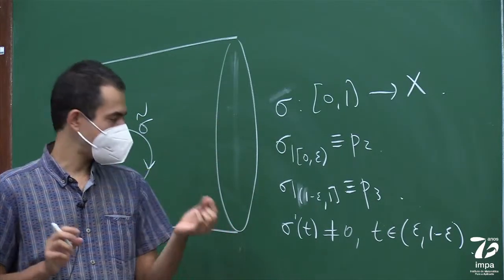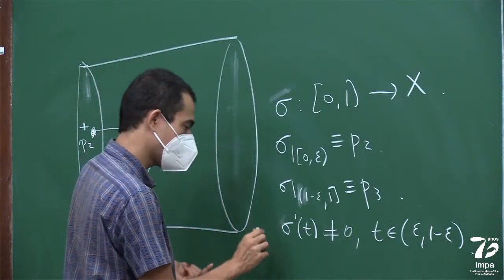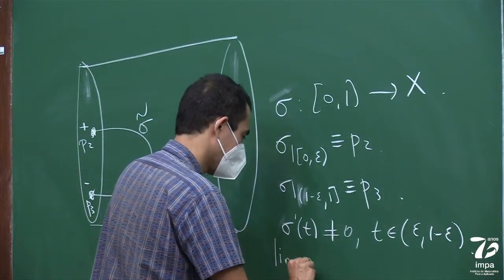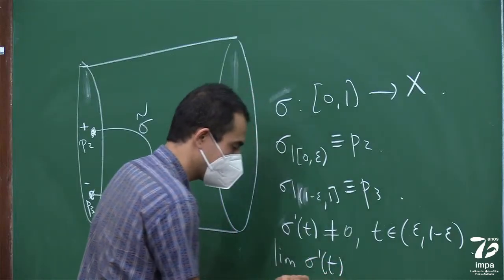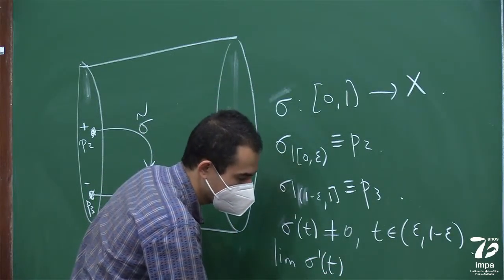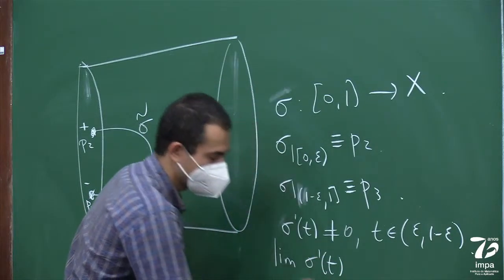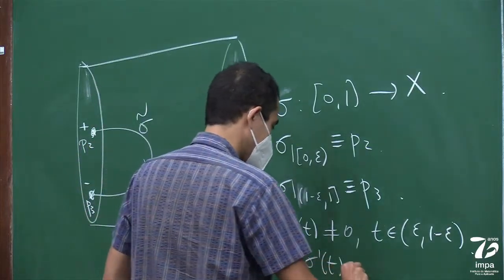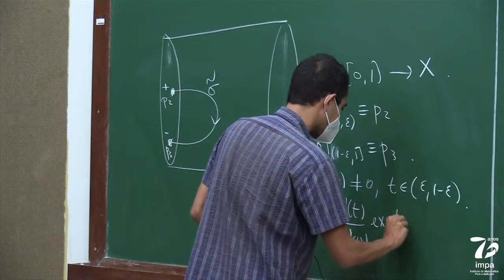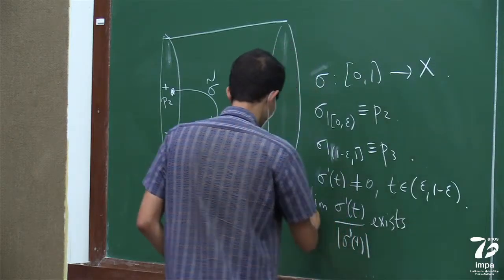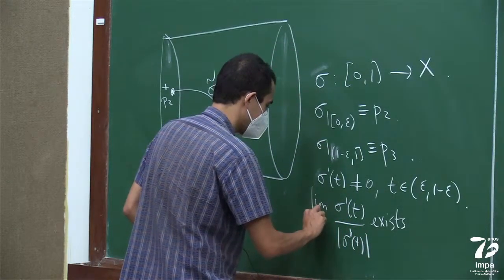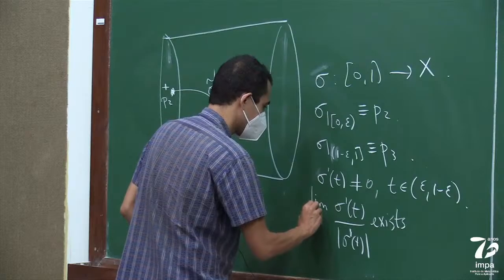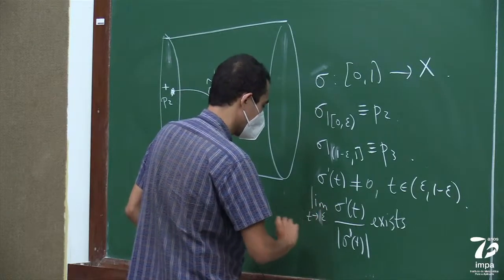And it's not hard to suppose also that this vector is converging in norm. So this limit exists for t going to epsilon.